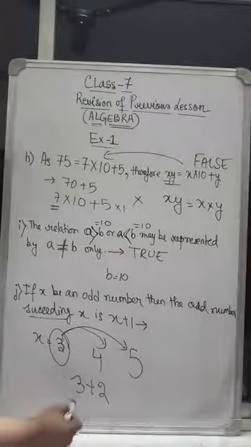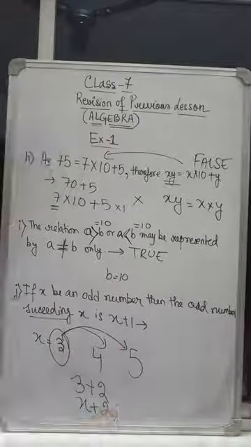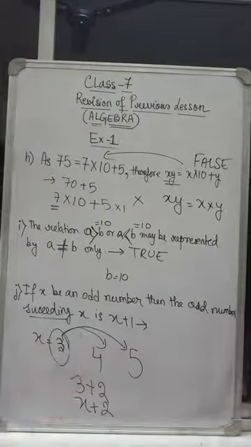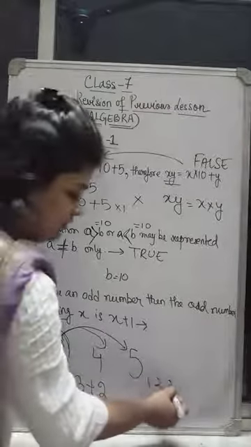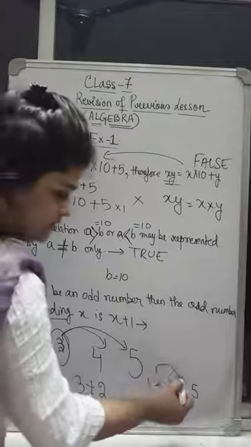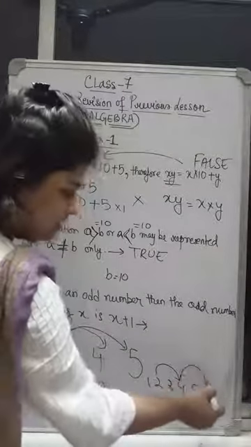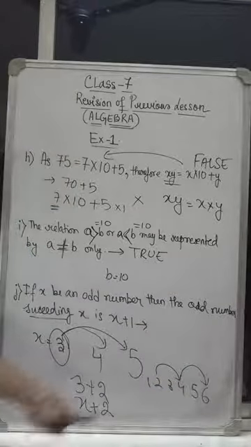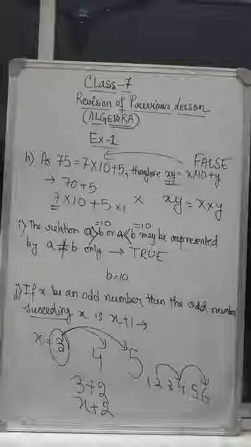So x value is 3, and with x if you add 2, then only you will get the next odd number. Because if you see the number series 1, 2, 3, 4, 5, the even numbers occur at an interval. 2 plus 2 gives you 4, plus 2 gives you 6.